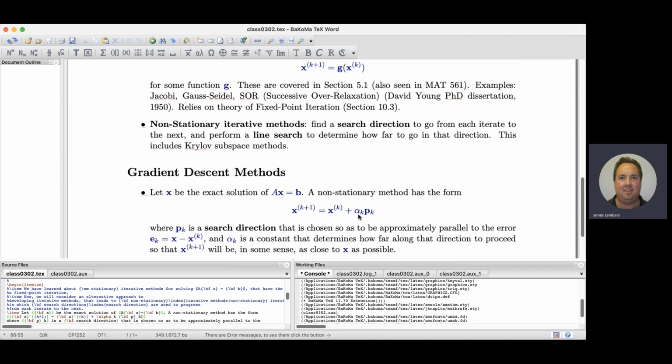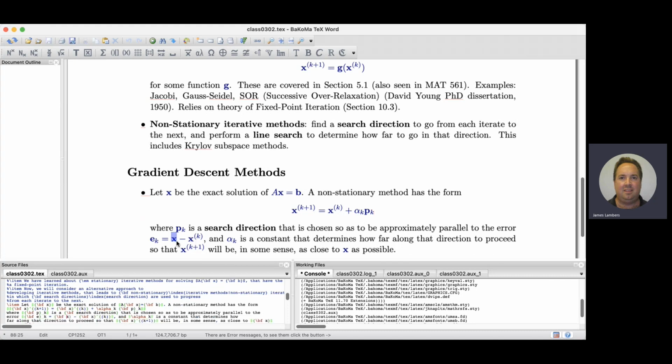Alpha_k is some scaling factor that's meant to provide maximum progress towards the exact solution by some criterion. Ideally, we'd like the search direction to be parallel to the error. Of course, we don't know what the error is exactly because we don't know what x is, but we want to try to approximate that as best we can.